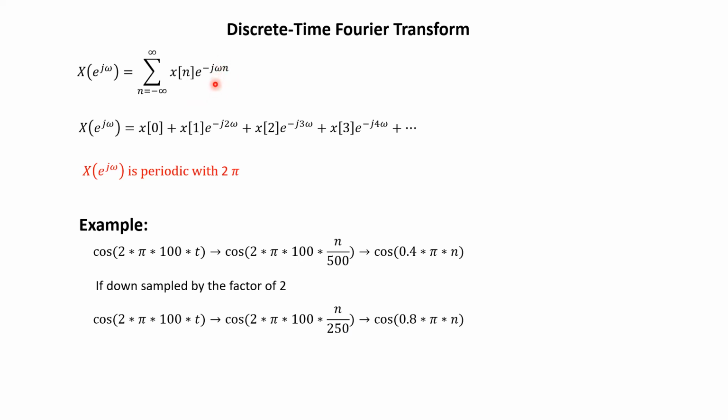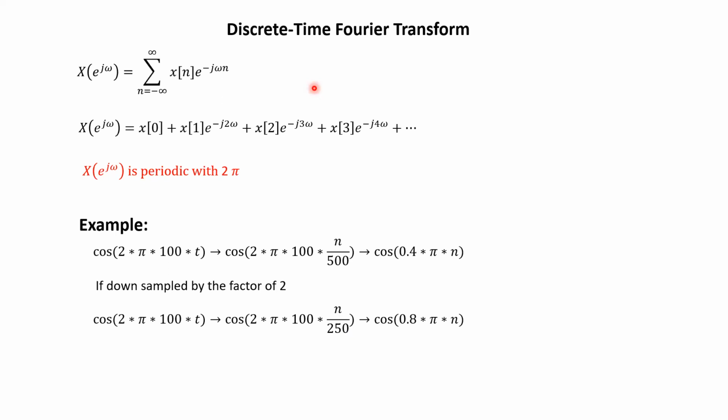This discrete frequency will vary from 0 to pi. And it is a property of the discrete time Fourier transform that X(omega) is periodic with 2 pi. So its spectrum will be a periodic spectrum, that you have to remember.